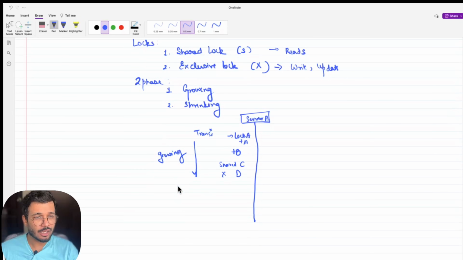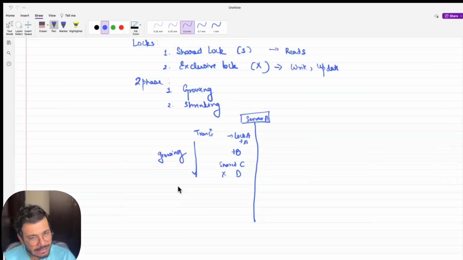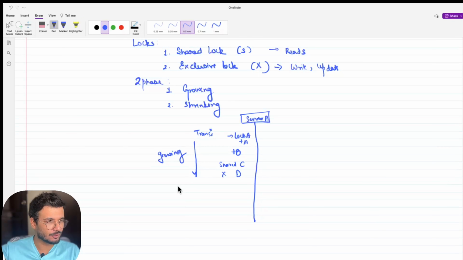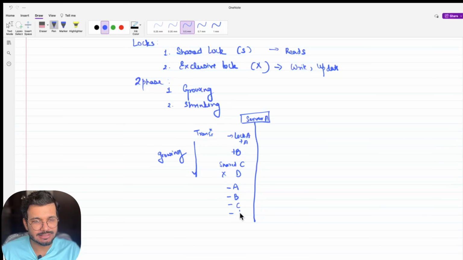Okay? Till now we are on the same page. We are growing, we are adding to the number of locks. Now what happens when the shrinking phase starts? As soon as we start releasing even one lock, we will only release locks, we will never ever add any lock. So suppose we do minus A, that is release a lock. Now we can do minus B, minus C, minus D. Now this phase is called the shrinking phase.